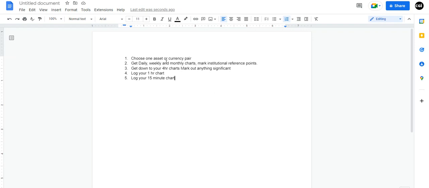At the end of the week, during the weekend, you go back and look at all your daily price action logs. Look at where the price was at the beginning of the week and where the price is now at the end of the week. So every day just mark out the changes that happen.